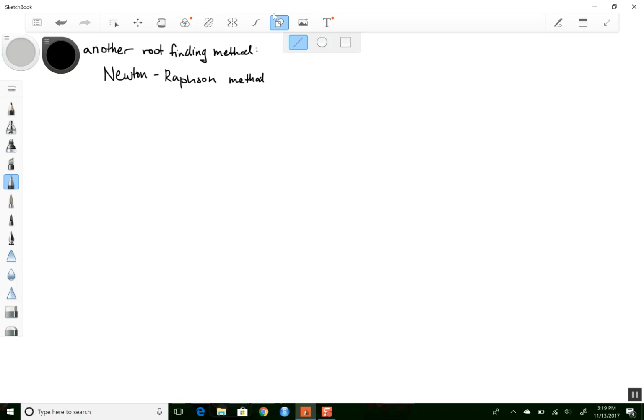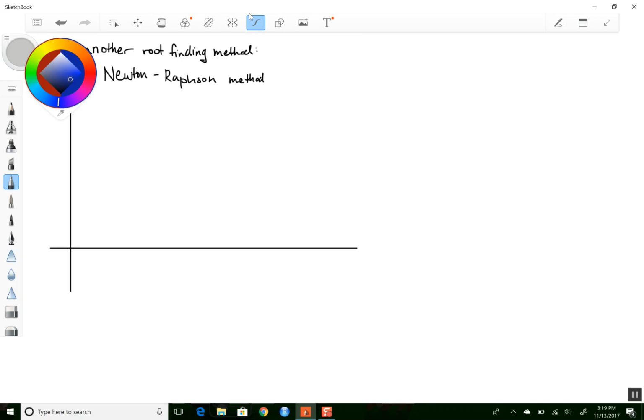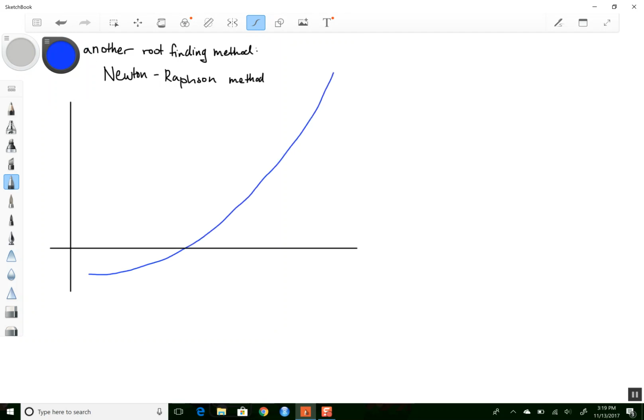Well, let's draw a picture. This is like our best way. Okay, there's some function. Okay, so here's our function, and what we want is this location right here, right?